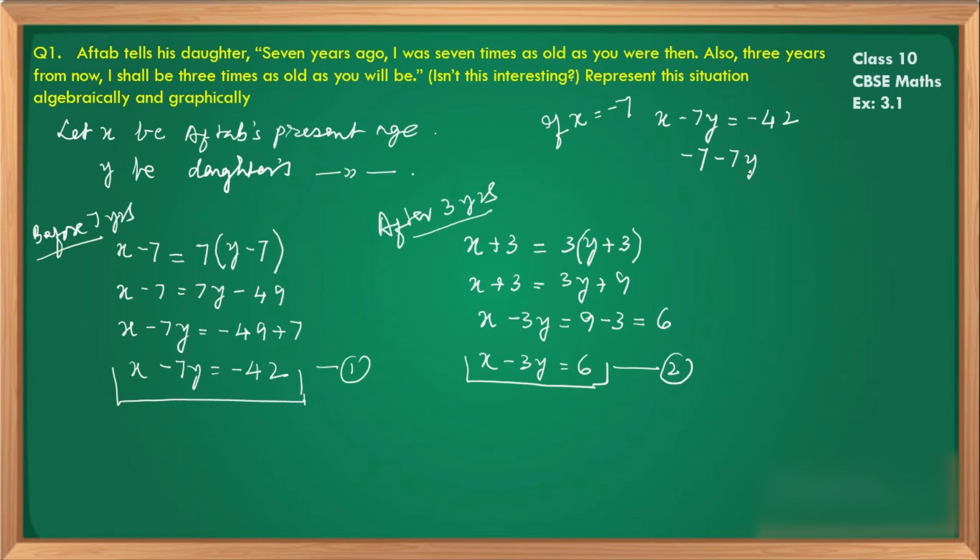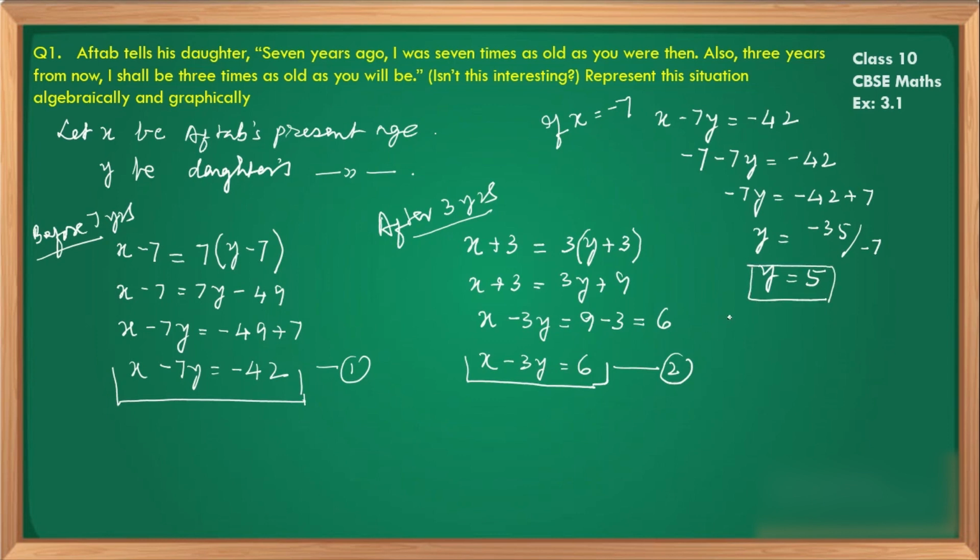Then minus 7y equals minus 42 plus 7. Therefore, y is equal to minus 35 by minus 7. Minus minus gets cancelled. 7 fives are 35 and y is equal to 5. This is the value of y.